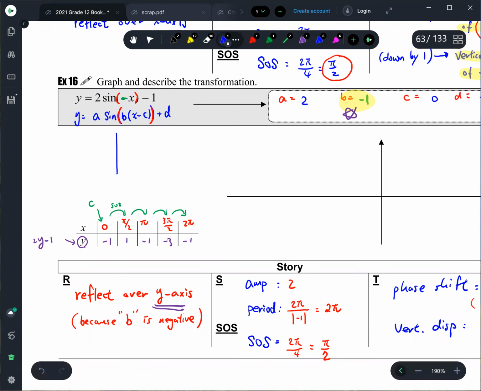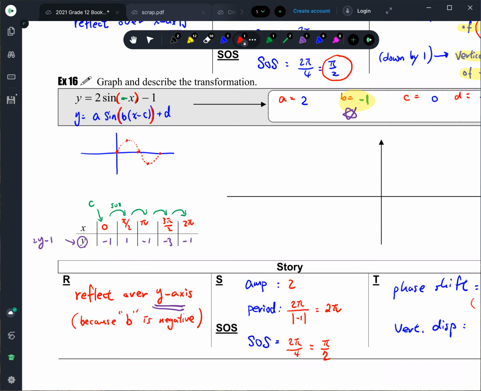So you think about the original sine graph. The basic goes like this: 1, 2, 3, 4, 5. These are the 5 points. Goes 0, 1, 0, -1, 0. Okay, this is basic.